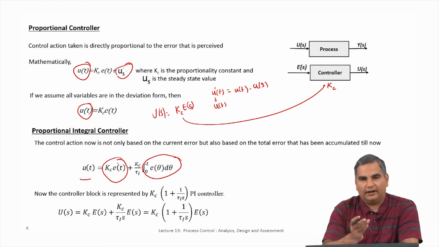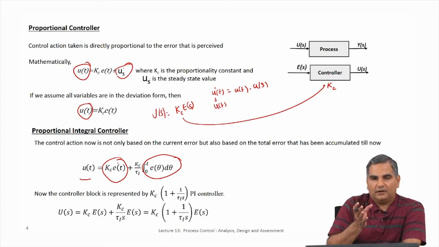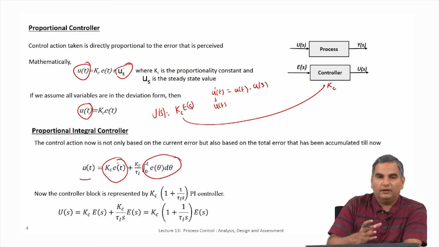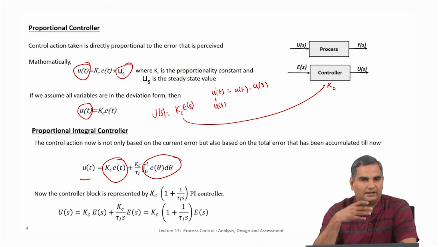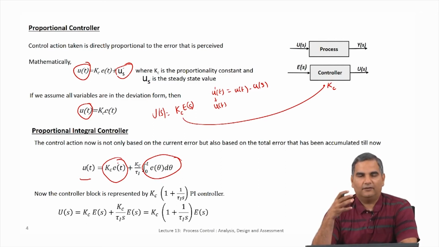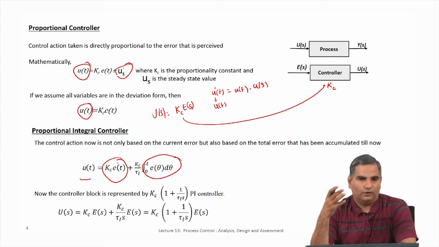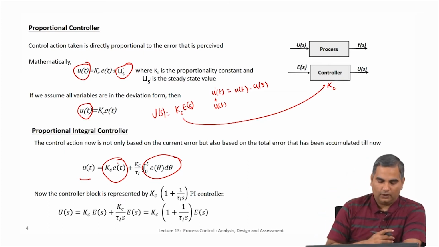I am going to take an action based on both the current error and the integrated error. Whatever past actions you have taken, they have all accumulated to some error, so you take that into account too.